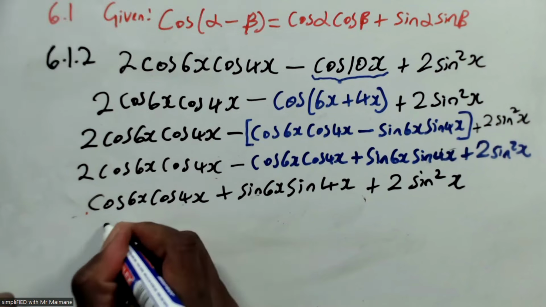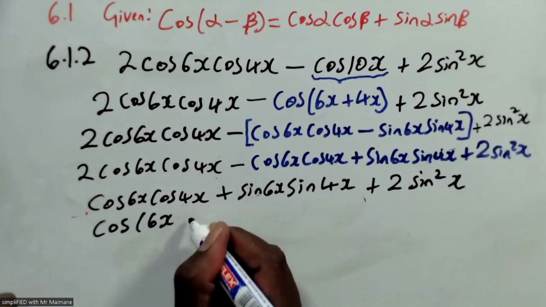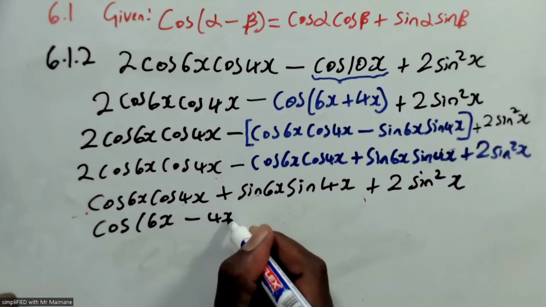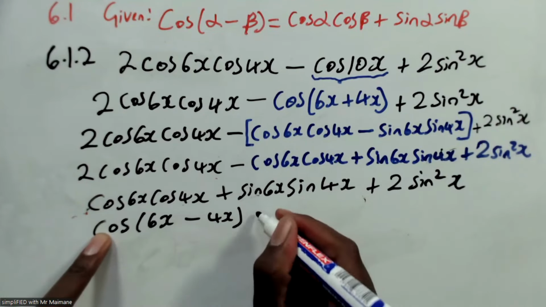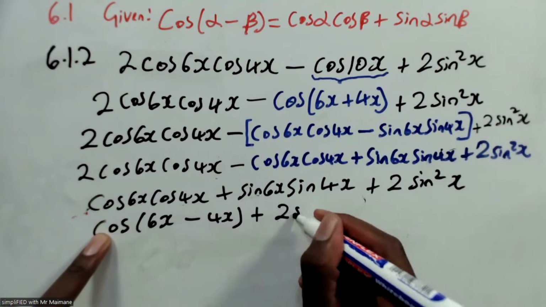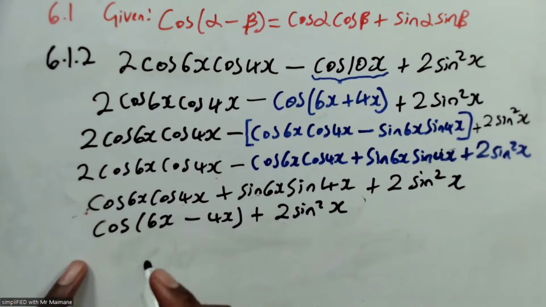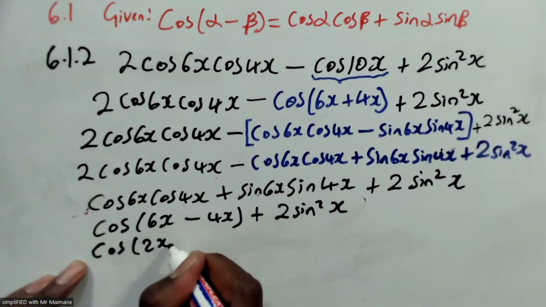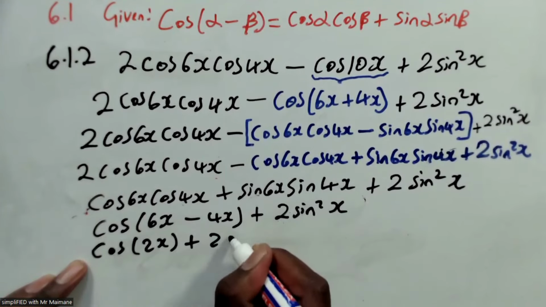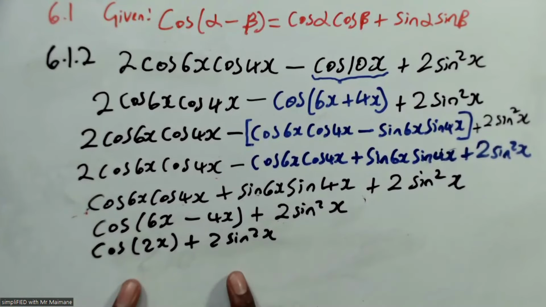So now I have cos 6x minus 4x from this whole thing here. I simplify this into this plus 2 sine squared x. Therefore, this is the same as cos 2x plus 2 sine squared x.